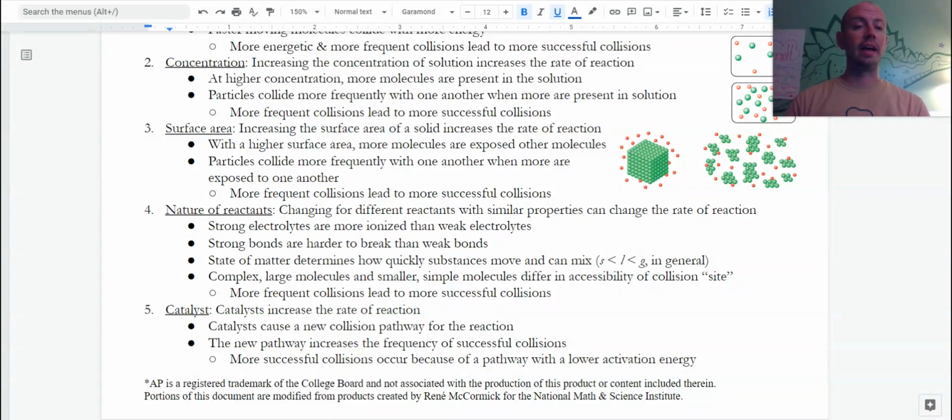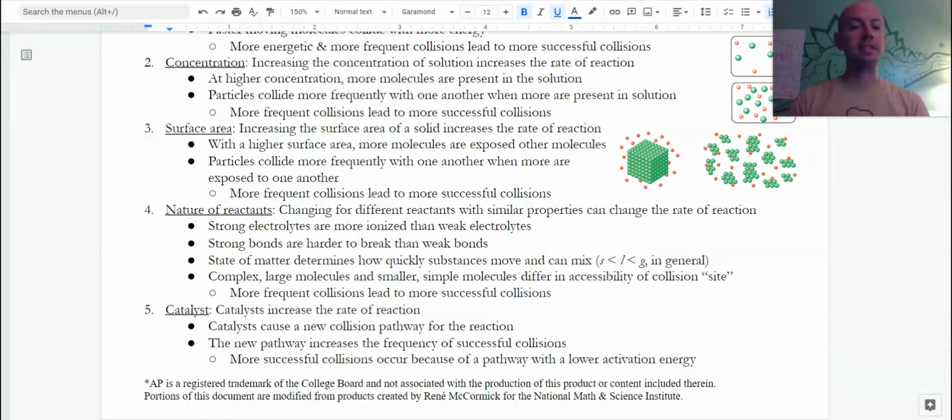Strong versus weak electrolytes has to do with how broken apart the molecules are and likely how available they are to collide. So strong acids often react faster than weak. Things with strong bonds are harder to break apart. They have a higher activation energy and are much less likely with the same force of collision to react.